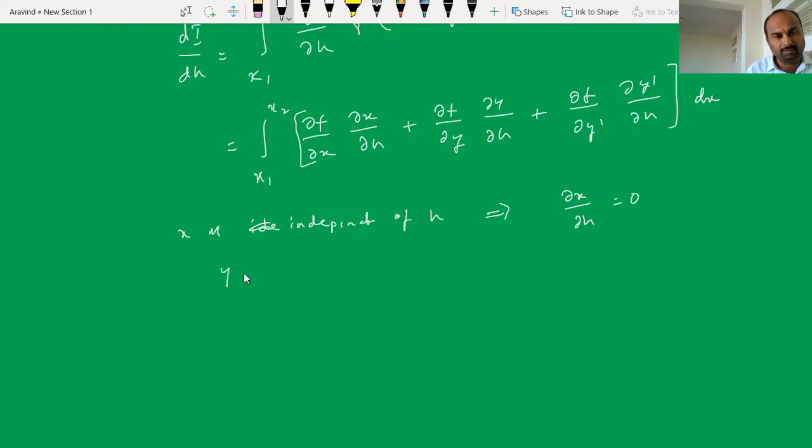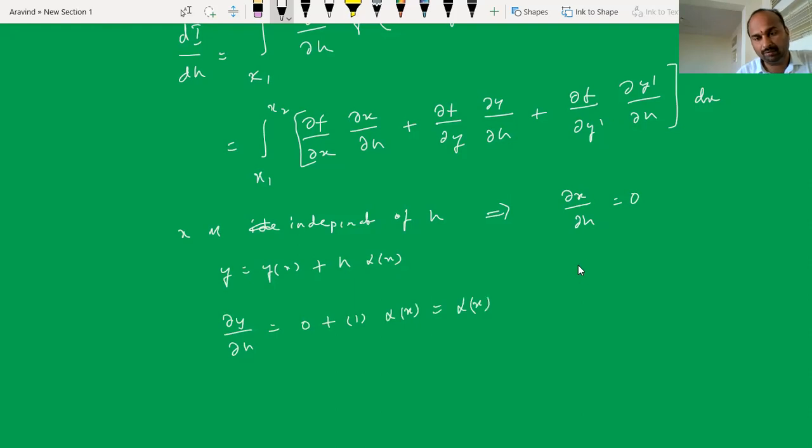So what is y? y is equal to y(x) plus h into α(x). Which implies what will be ∂y/∂h? Partial derivative means y(x) becomes constant, so it is 0. The h derivative will be 1 into α(x). So it is α(x).